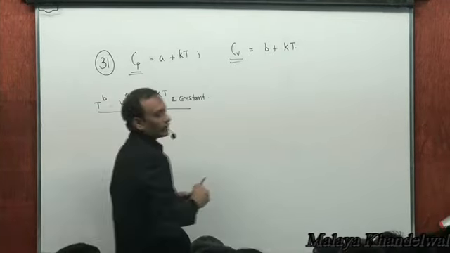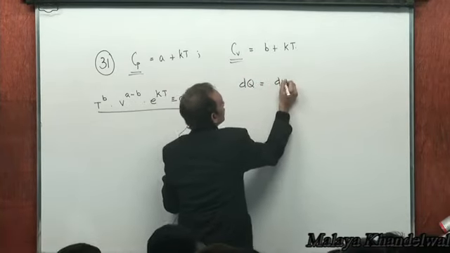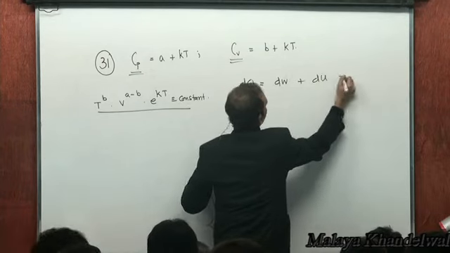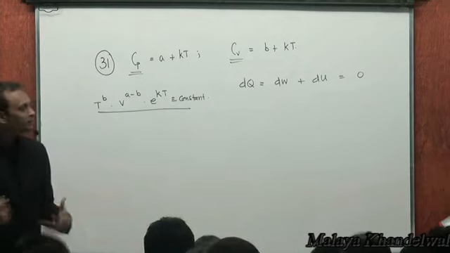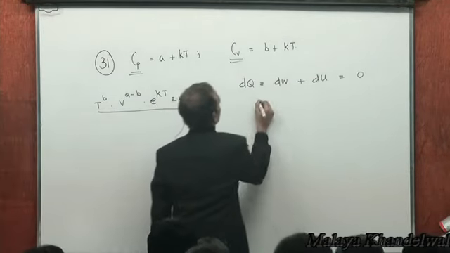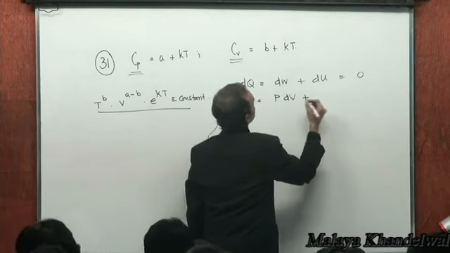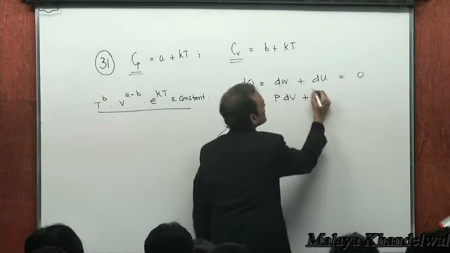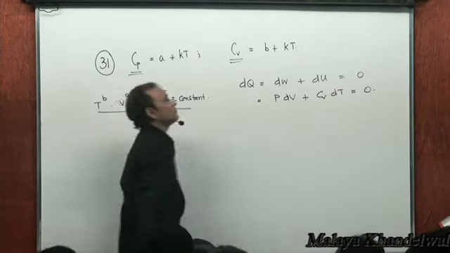Now, if it's an adiabatic process, dq, which is heat supplied, equals work done plus change in internal energy, and that must be 0 anyways, no matter how Cp and Cv vary, right? Work done is PdV, dU is, let's say for 1 mole, Cv dT, and that must be 0.